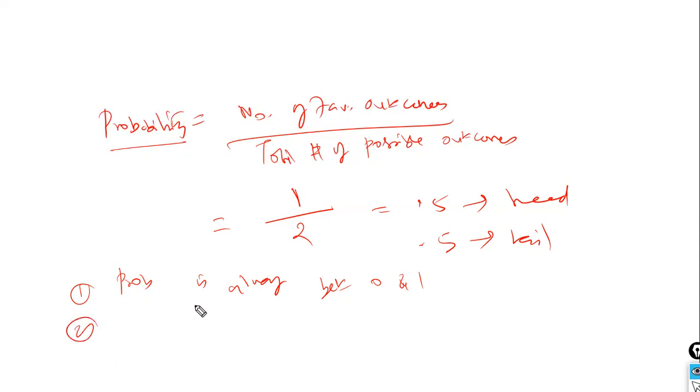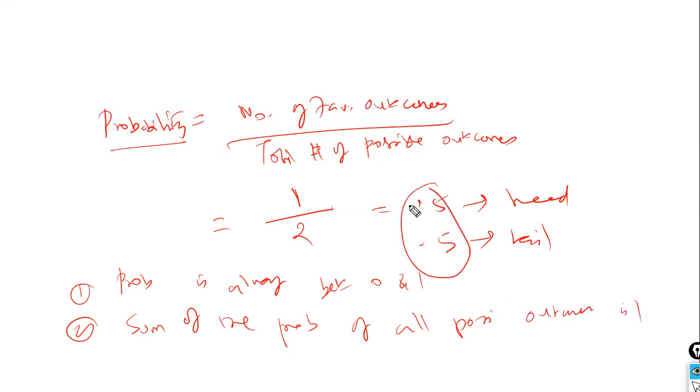The second rule is that the sum of probabilities of all possible outcomes is 1. The probability of getting head is 0.5, and the probability of getting tail is the remaining 0.5.